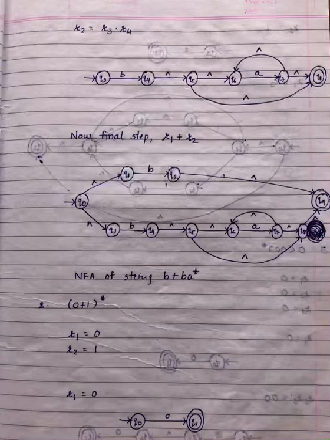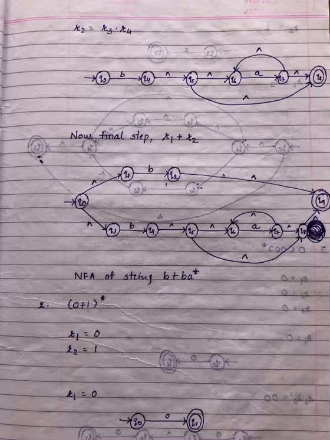The transition diagram is like this: from state Q0, null is passed to Q1, and from Q1 to Q2 b is passed, that was R1, and from Q2 null is passed to the final state. In the same way, the whole R2 transition diagram we have to merge with R1, that is from Q0 null to Q3, and from Q3 the whole R2 diagram is taken: b, null, null, a, null, another null, and the final state.